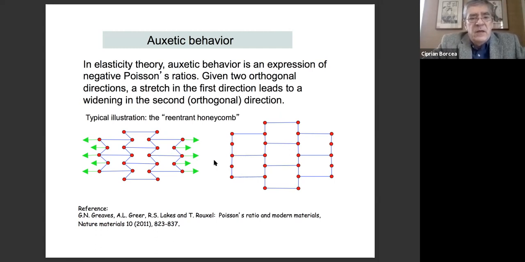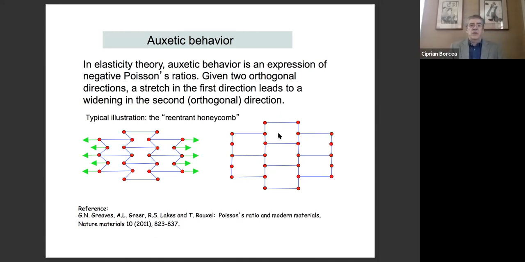And if you measure the lateral, so this is the stretching, which in this picture is horizontal, and then Poisson's ratio looks at what happens in the orthogonal direction. And what happens is that in the orthogonal direction, it also extends.